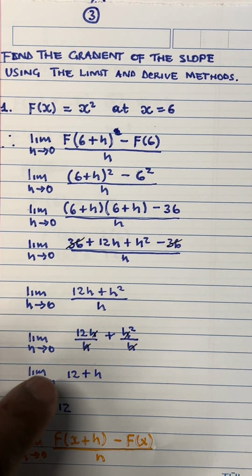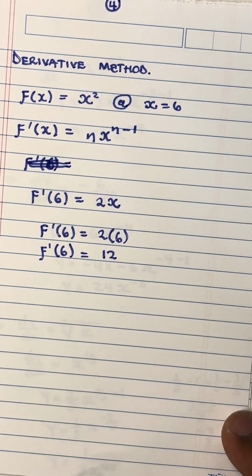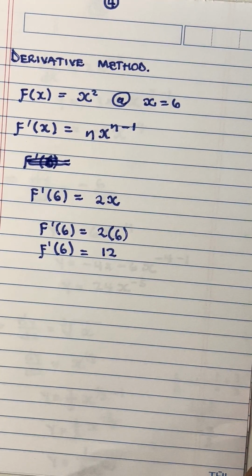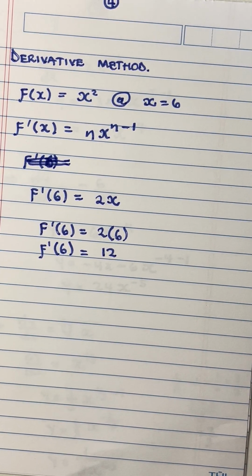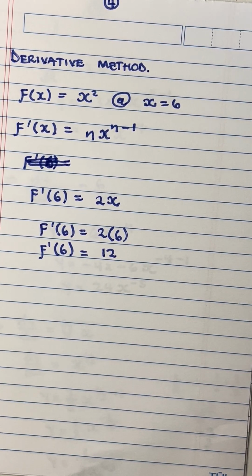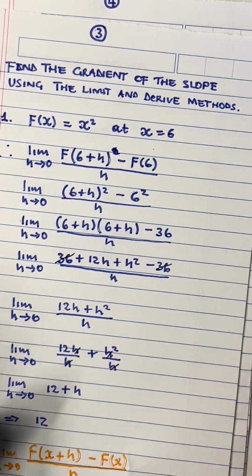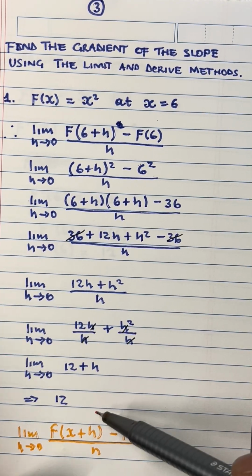This problem, I also did it with the derivative method. Why did I do that? It's because sometimes you will be there in an exam. Actually, this one over here, they give you the formula that I wrote here. It's already there.